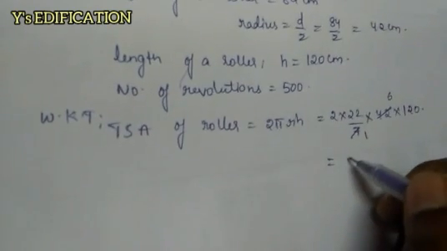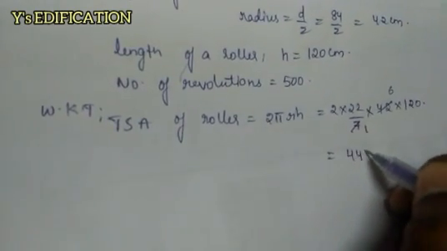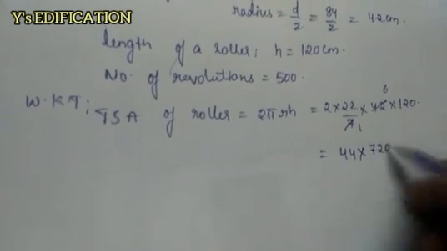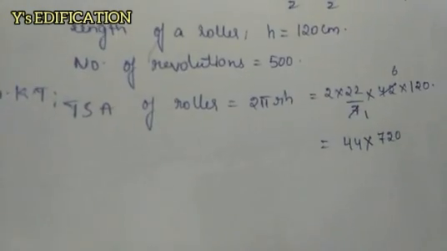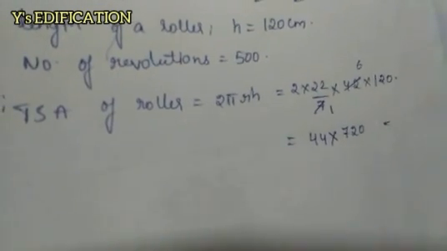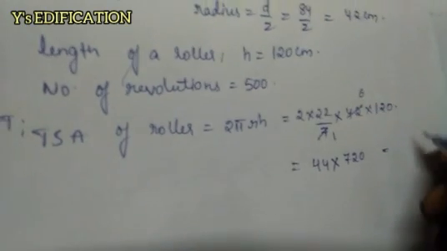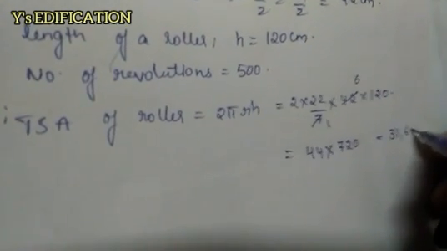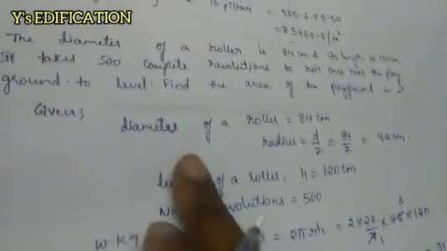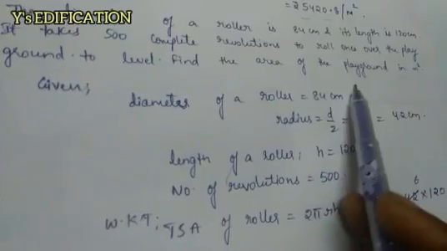So 2 into 22 is 44 into 720. If we multiply 44 into 720, we will get 31,680 centimeters square.